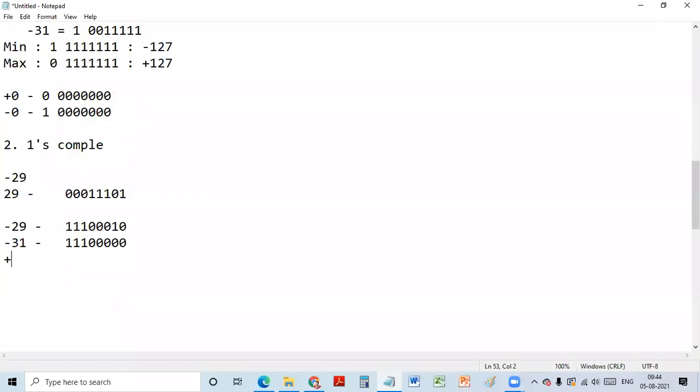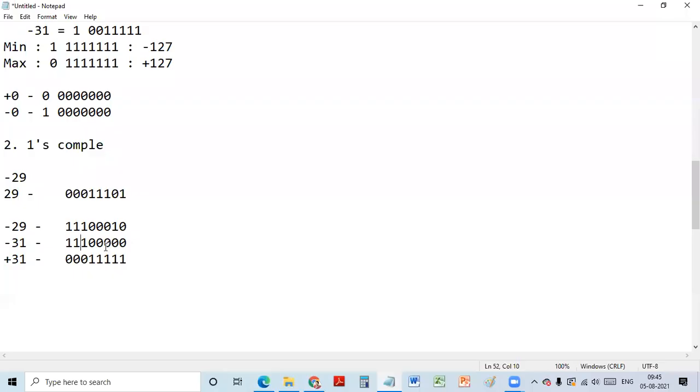See, if I want +31, it is 0, 0, 0, 1, 1, 1, 1, 1. Ma'am, in one's complement form, when we convert the negative numbers, for example -31, back into decimal form, we won't get -31, no, ma'am? No, we won't get it.